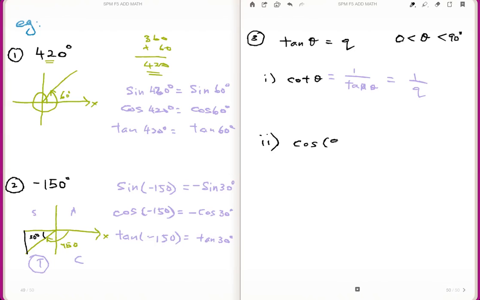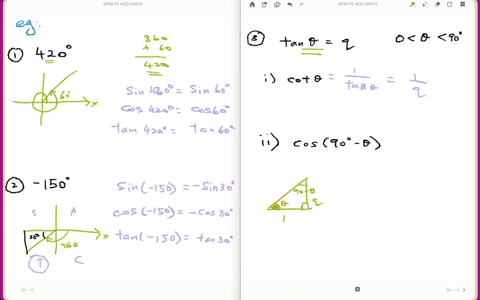Second one, that would be a little bit hard because now they ask for what's the cos of 90 degrees minus theta. So that would be a little bit hard to do without a diagram. So I would advise you to draw a diagram. I'm a right hand person, so my right angle will look like this. And then what is given? Tangent theta is q. So if this were theta, this is where 90 minus theta is located. If the angle here is theta, tangent theta is q here, 1 here.